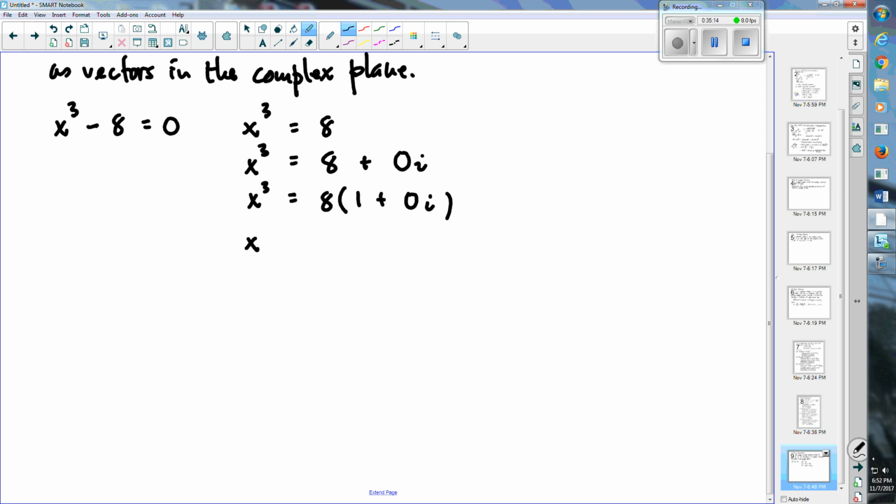We can continue and write x cubed is equal to 8 times the cosine, I'm putting it in the CIS form, the cosine of 0 degrees plus i times the sine of 0 degrees.